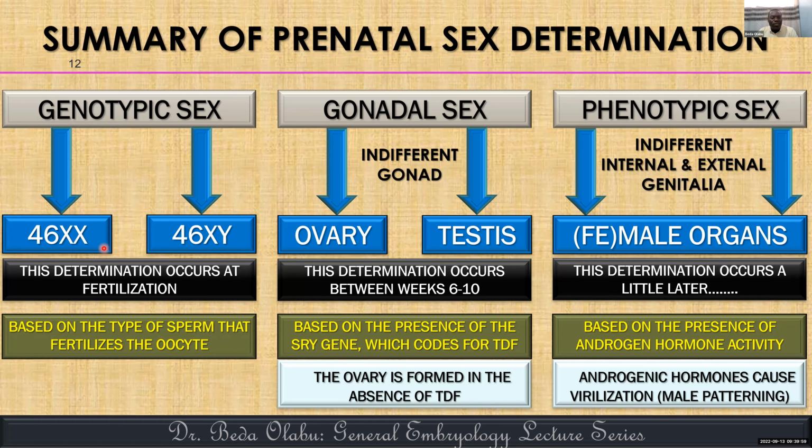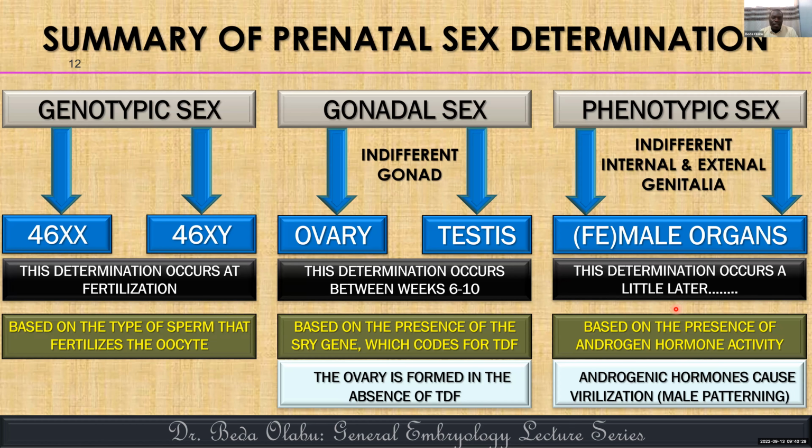If then you have 46XX, genetically female, there is no Y, therefore gonadally this will be ovary. And that means that the androgen production will only be relying on the adrenal cortex. That will not be adequate for virilization. Therefore, usually, anatomically, if there is no virilization, the genitalia will be of female phenotype.